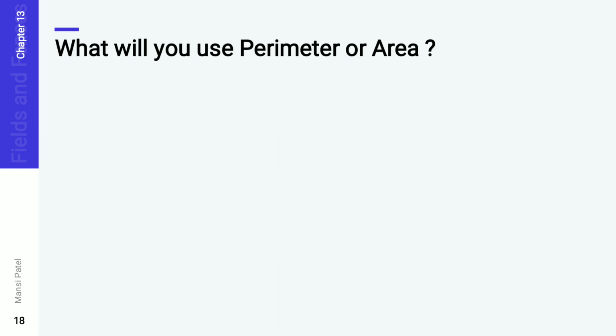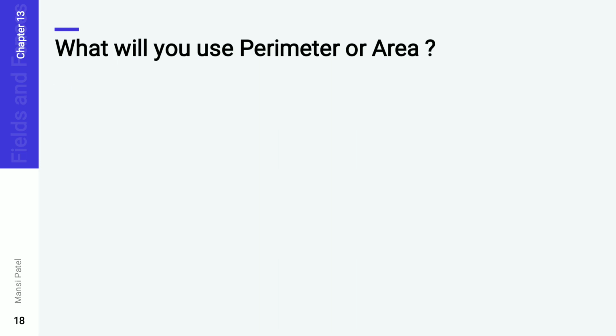If you want to find the perimeter, you find the outside measurement. If you are doing anything on the outside, on the border, you have to find the perimeter. But if you are doing anything inside of the object, then you have to find the area.